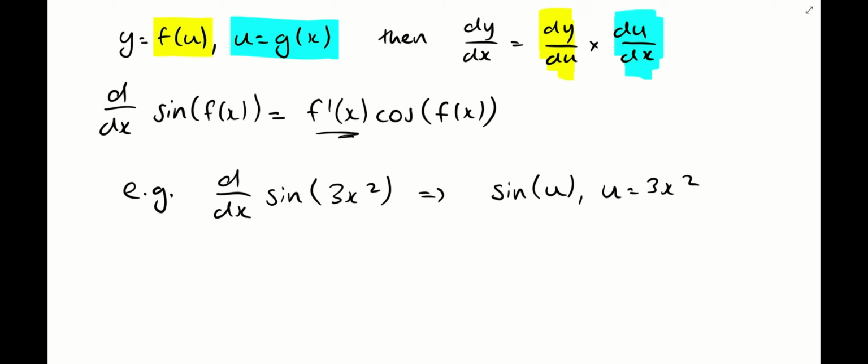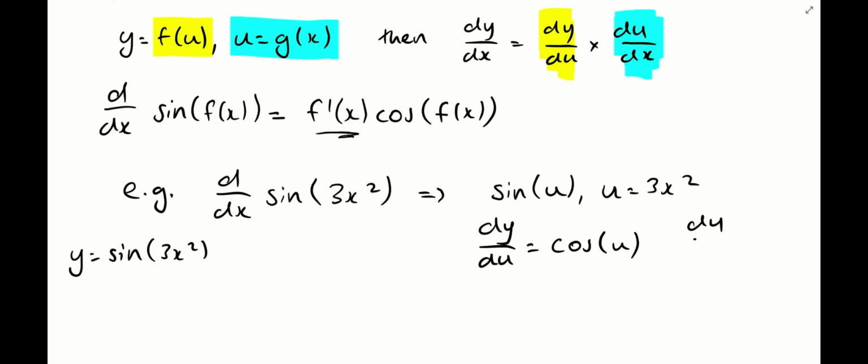Now, if y is equal to sine of 3x squared, that's just the function. Then dy over du, we know that the derivative of sine is cosine, and we proved that a couple of videos back on our derivative graphs. Okay, so we know that dy du is just cosine of u.